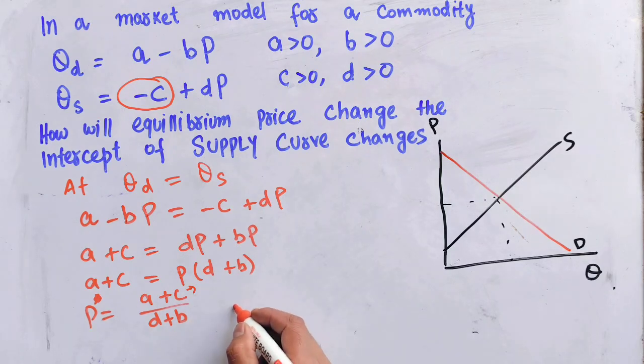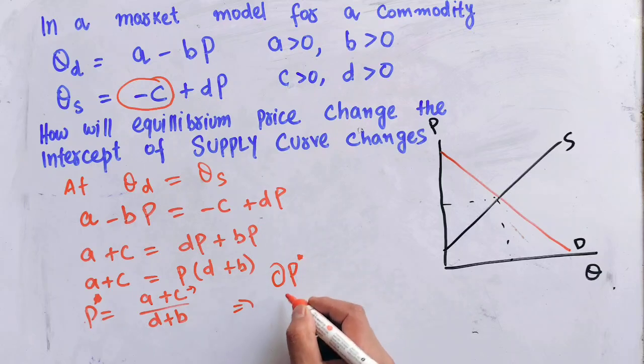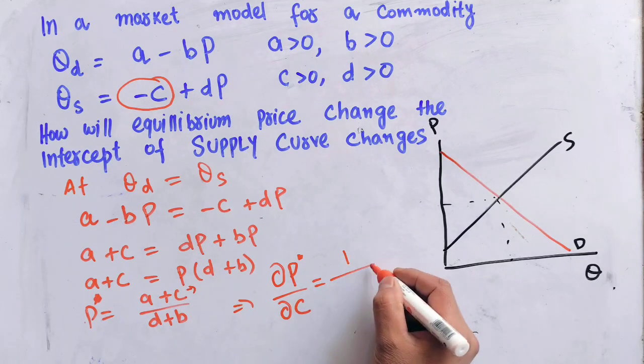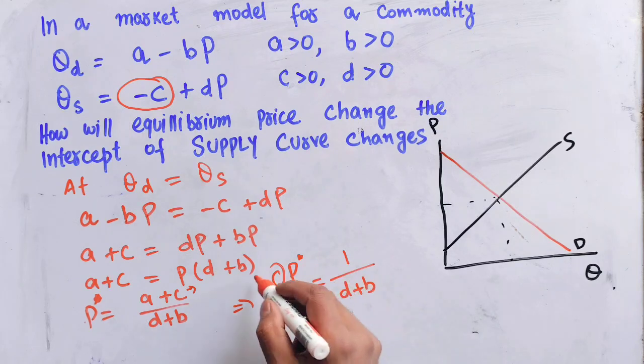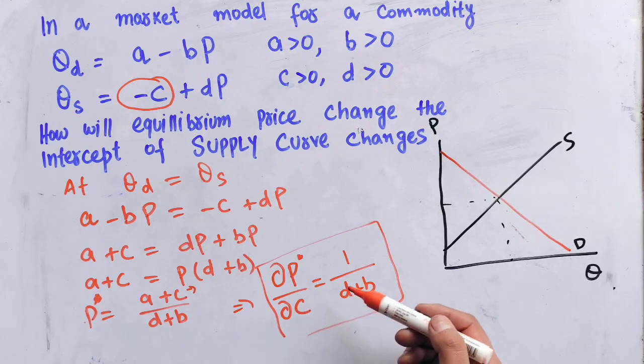Since the equilibrium price is this, the change in the equilibrium price due to the change in the intercept means the partial derivative of the price function with respect to C. Differentiating with respect to C, the derivative of C is 1, so we have 1 upon D plus B. This is the change in the equilibrium price.